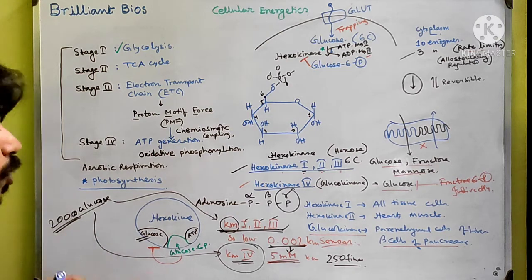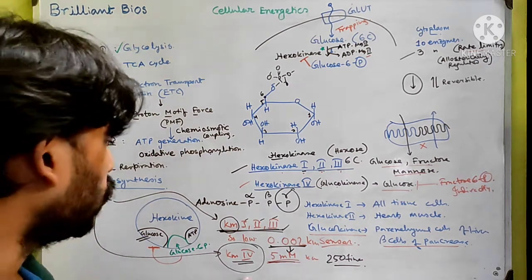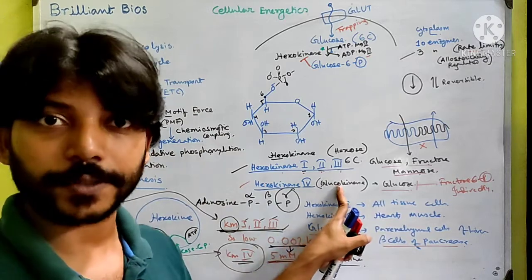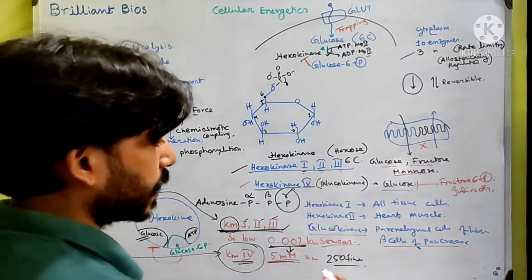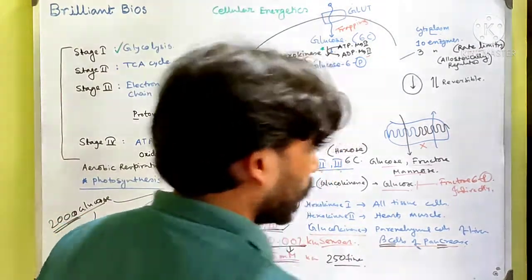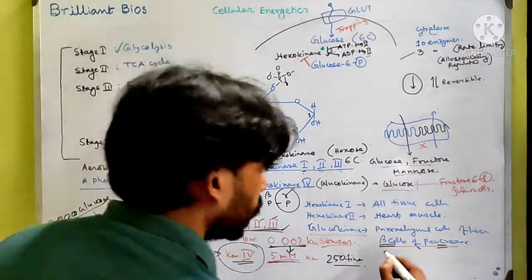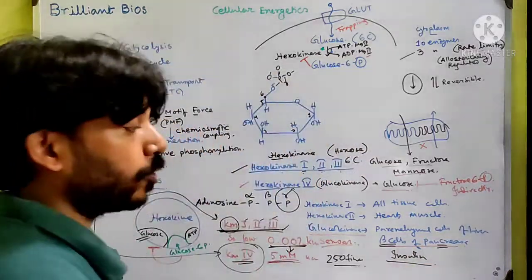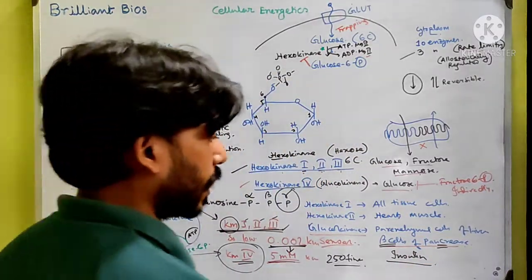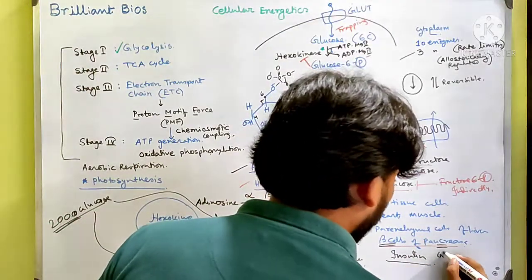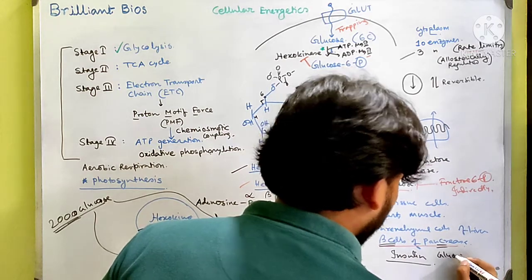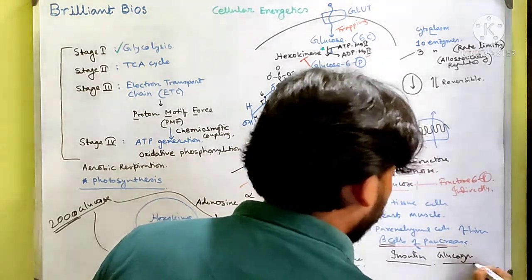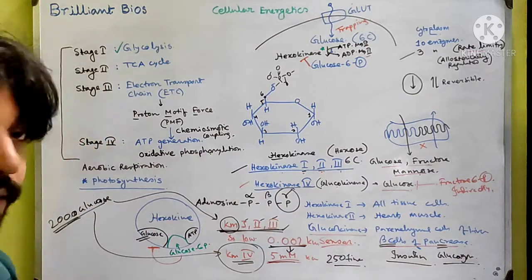So when the glucose level increases in our body, glucokinase actually gets activated. And this glucokinase present in beta cells of pancreas helps in the secretion of insulin. And do you know, it also regulates glucagon secretion in the alpha cells of pancreas. So this enzyme actually acts as a sensor.